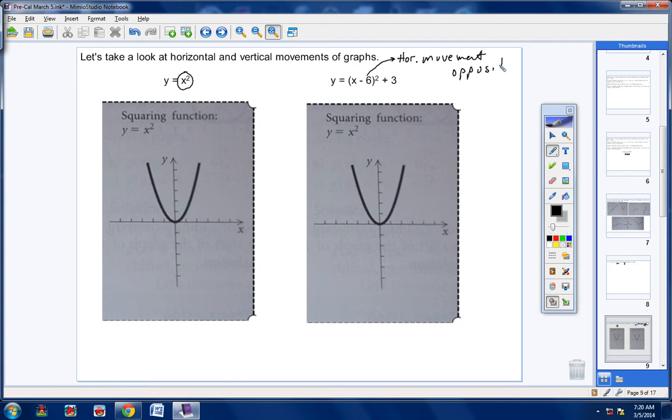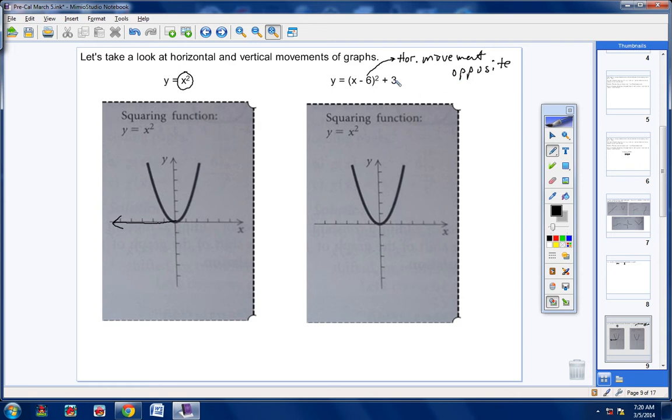In other words, you see a negative 6, so you think this graph would move 6 units to the left, and that's wrong. It moves 6 units to the right. If this was a positive 6, you would think it would move to the right, but it would move to the left. So whenever it's a horizontal movement, it always moves the opposite way. Isn't that interesting? The opposite way.